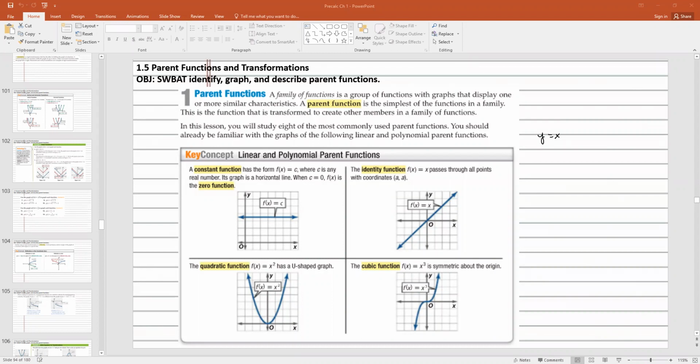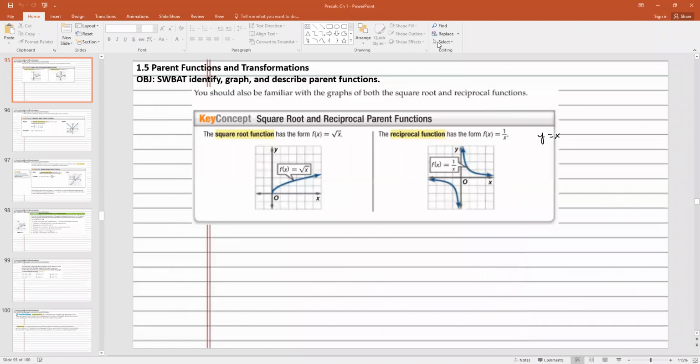All right. And now we're going to look at the square root function. The square root function looks like a sideways parabola, but cut in half, right? Which is basically what it is.